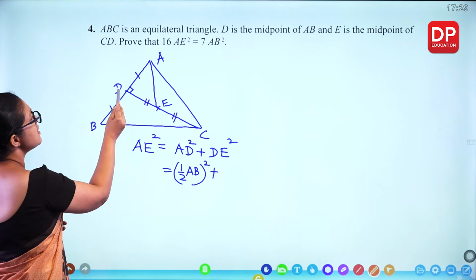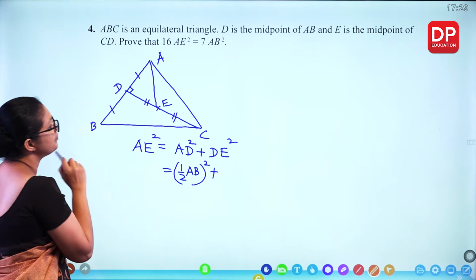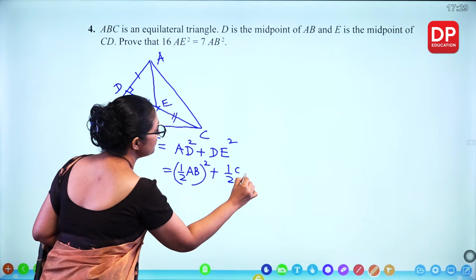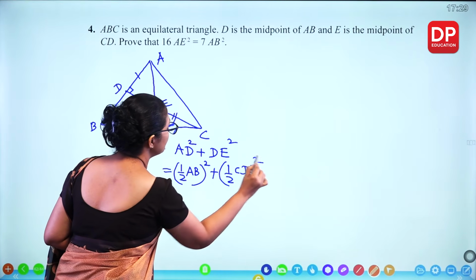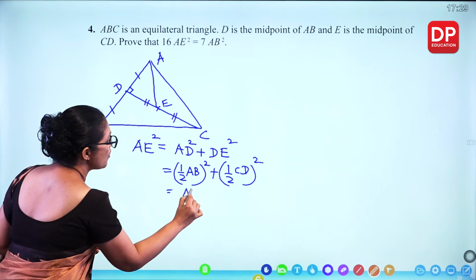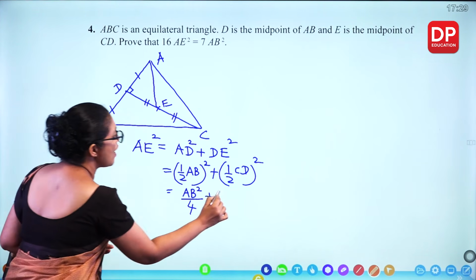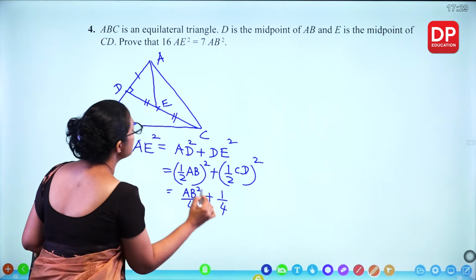DE? DE is half of CD. So when you simplify, you get AB squared over 4 plus 1/4 of CD squared.